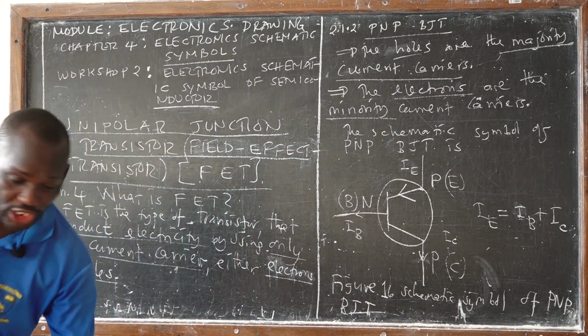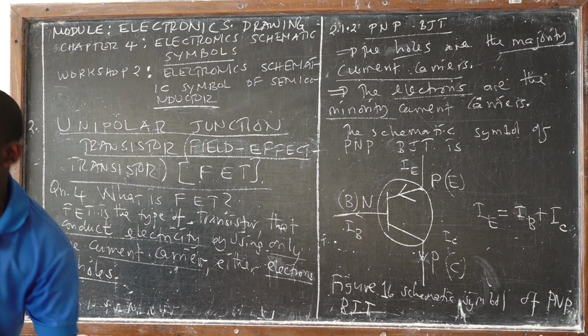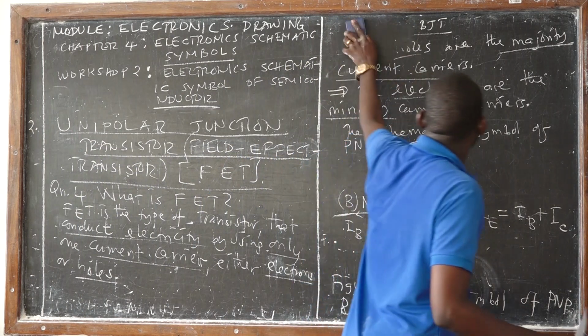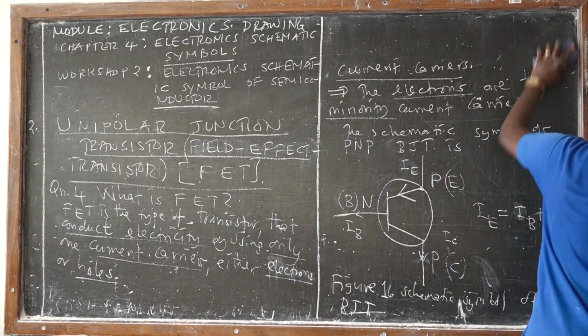So that's the first difference between the bipolar junction transistor and the field effect transistor.